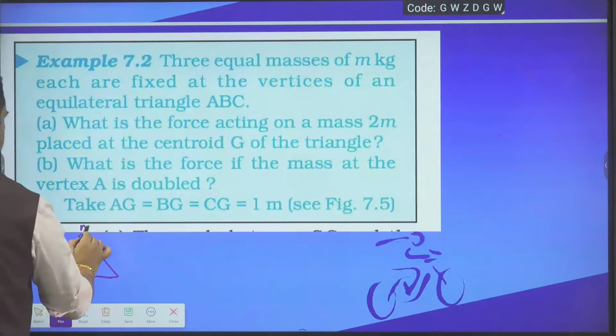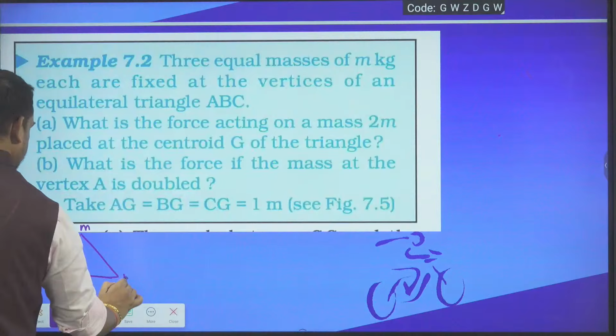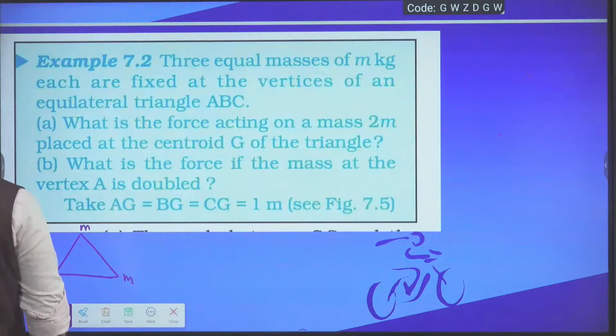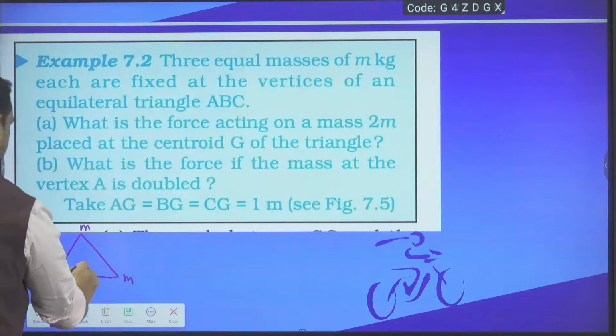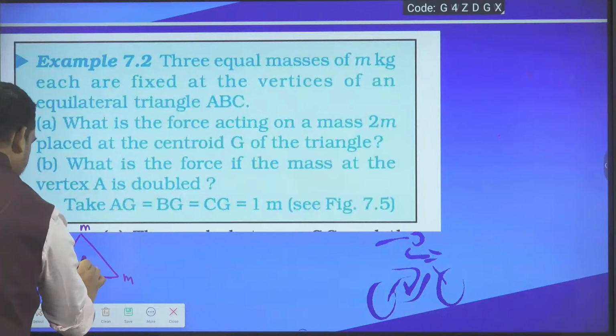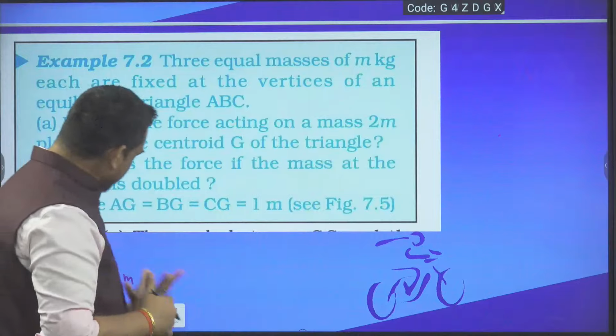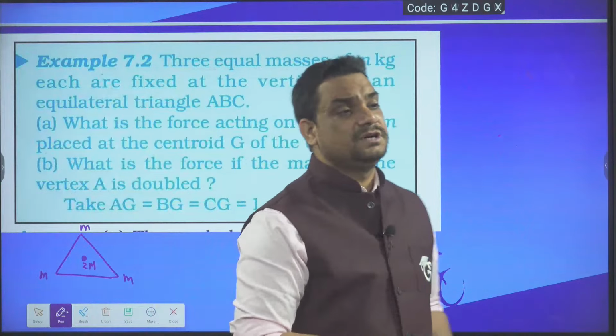Here m, here m, here also m, and they're asking what is the force acting on a mass 2m placed at the centroid. At the centroid, if I keep 2m, 3m, or any mass, then the total force is going to be what?